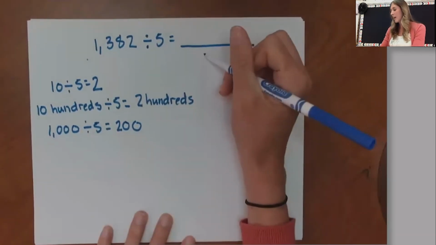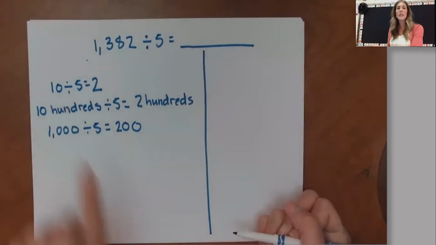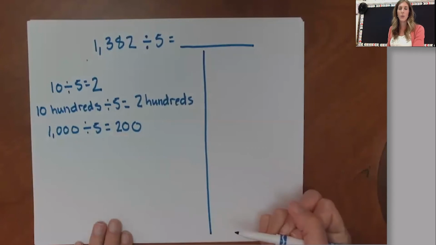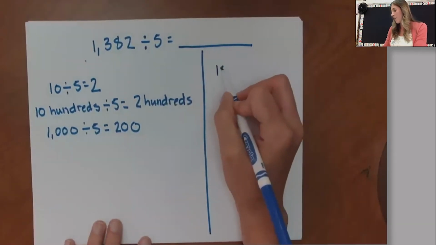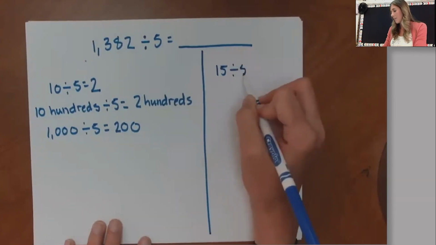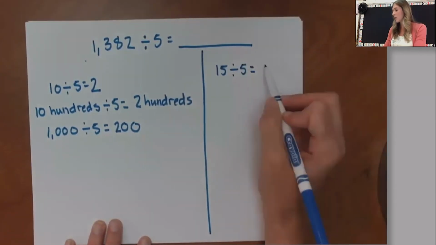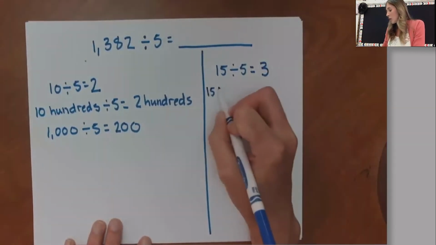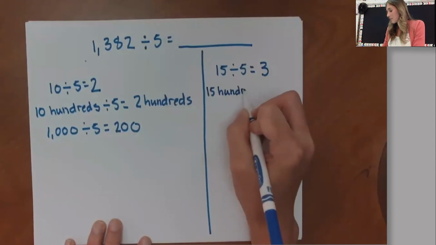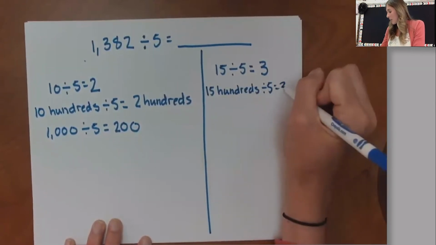So let's look at a compatible number that's slightly greater. We know 10 divided by 5 equals 2. The next multiple would be 15 divided by 5, and we know that 15 divided by 5 is 3. So that means 15 hundredths divided by 5 would be 3 hundredths.